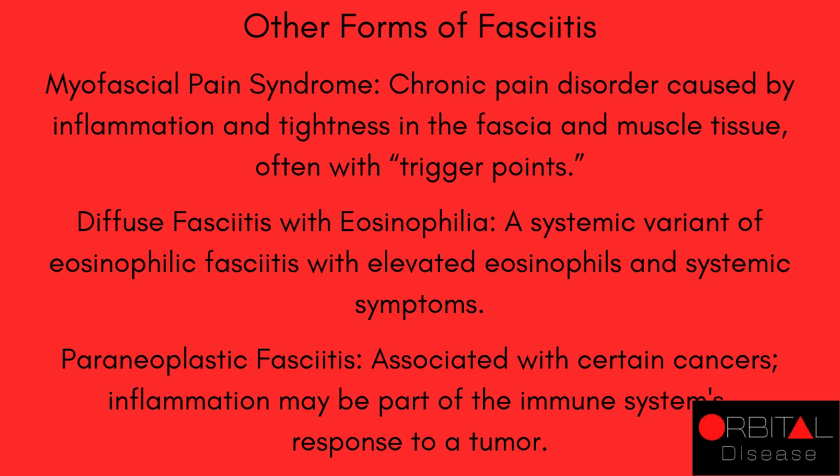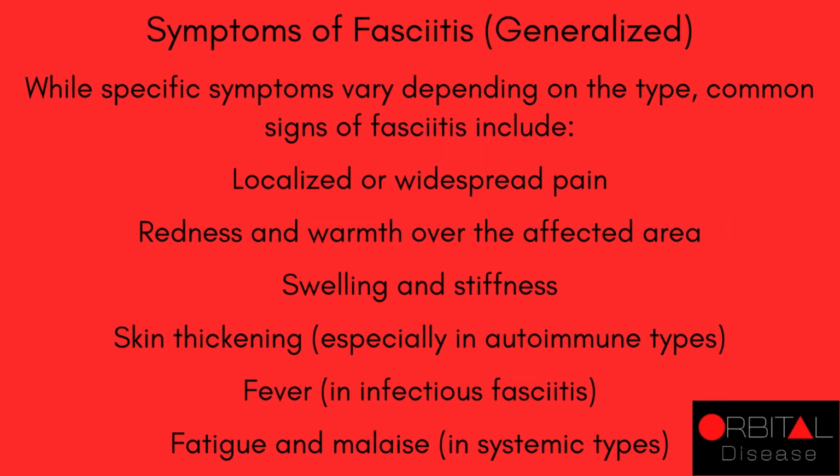Diffuse fasciitis with eosinophilia, a systemic variant of eosinophilic fasciitis with elevated eosinophils and systemic symptoms. Paraneoplastic fasciitis, associated with certain cancers, where inflammation may be part of the immune system's response to a tumor. Symptoms of fasciitis: generalized.